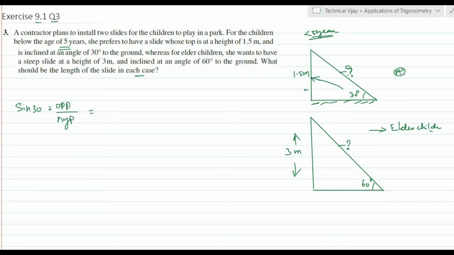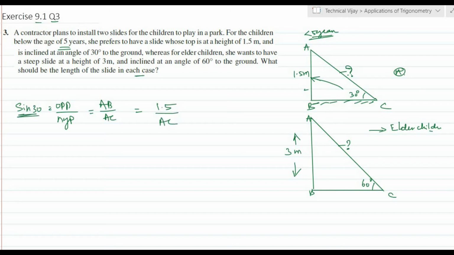Suppose this is A, B and C, and this is also A, B and C. So AB divided by AC, where AB is 1.5 and AC is what we have to calculate.